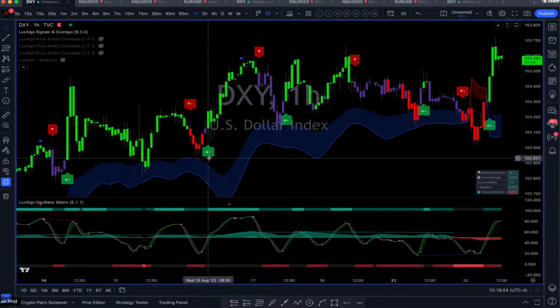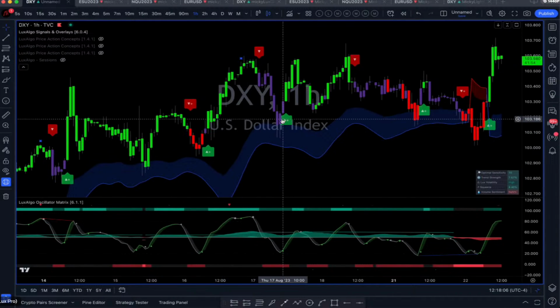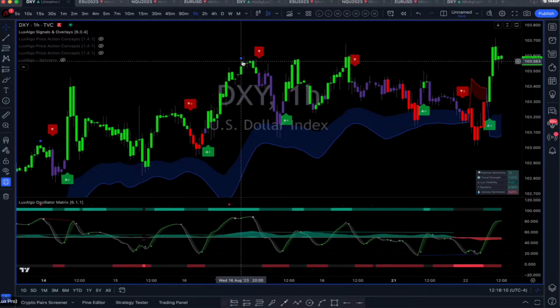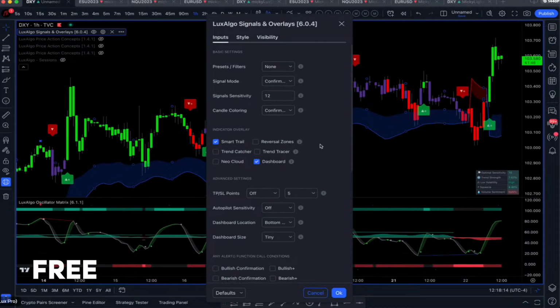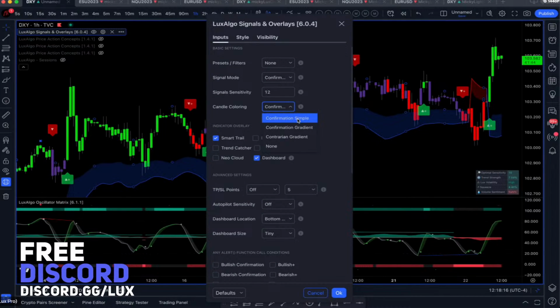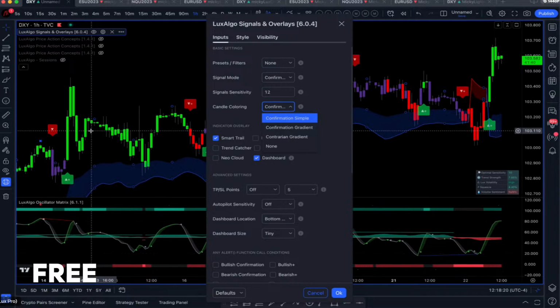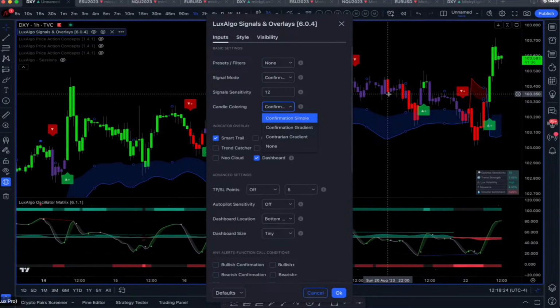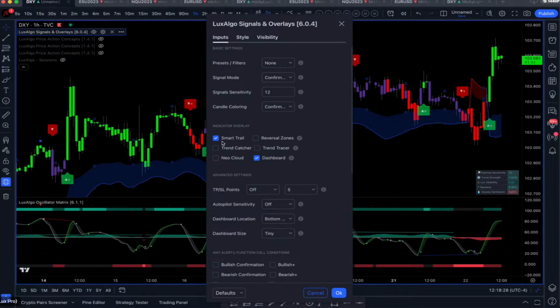Signals: confirmation strong, regular confirmation, and we have some potential exits here. Let's go down the settings. Candle coloring, simple, gives you the green, purple, and red. Purple means a ranging market, a chopping market. Here's the smart trail, and we have the dashboard in the lower right-hand side.